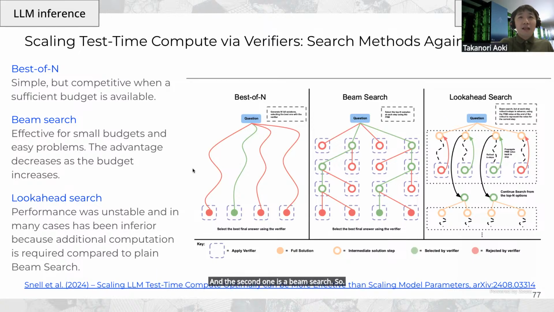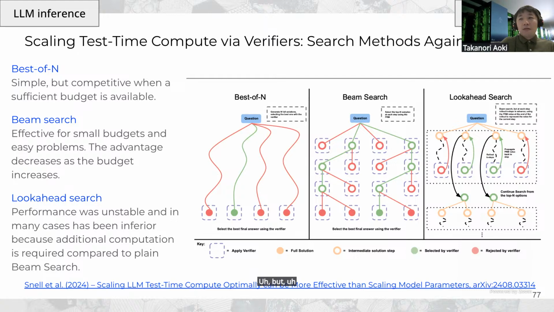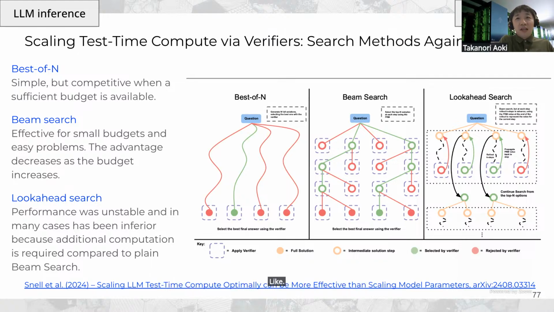Basically, a large language model generates tokens one by one sequentially, but it may generate multiple different tokens, and beam search helps not to just pick the best token based on a greedy algorithm. Instead, it picks the token that could be promising in the future. If we take a greedy approach, we just pick the token that has the best score. The score can be determined by a reward model that I will explain on the next page.